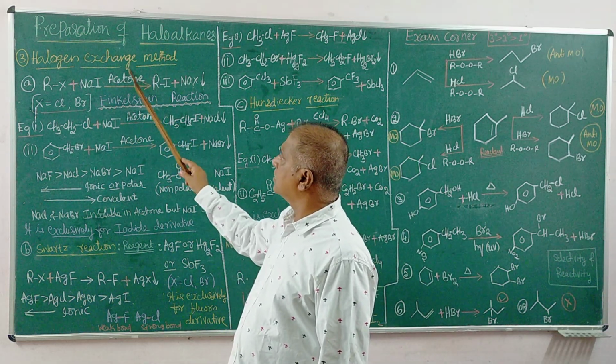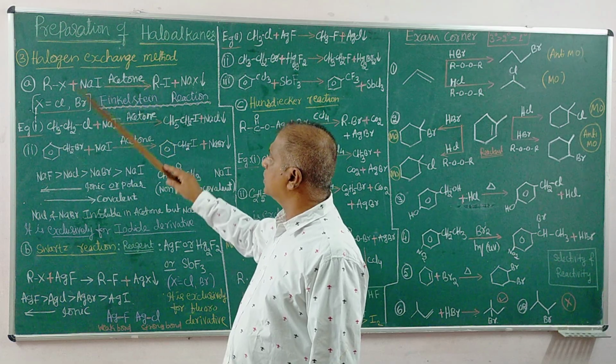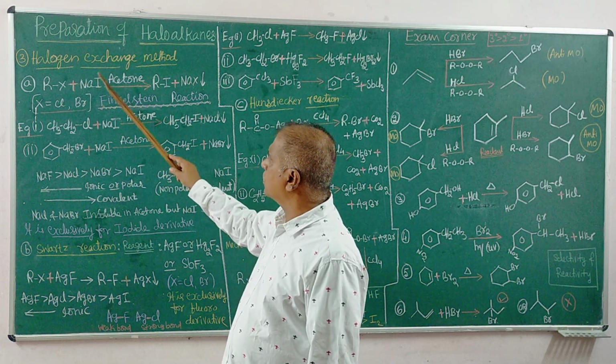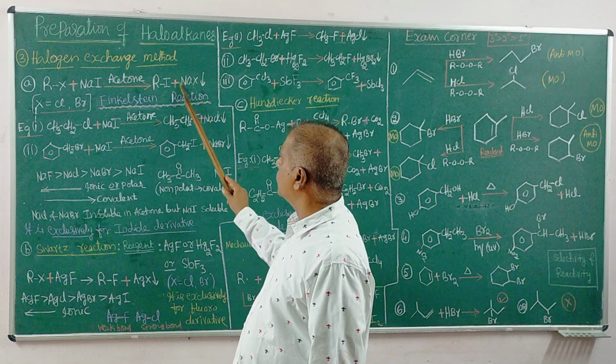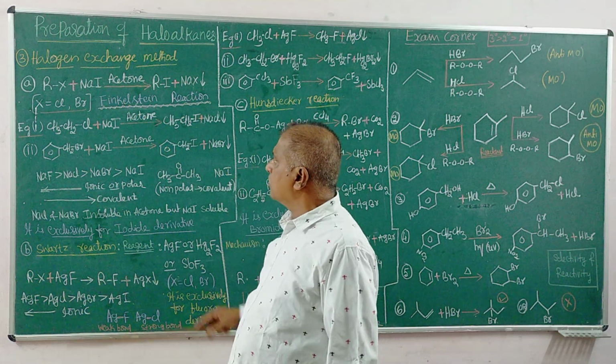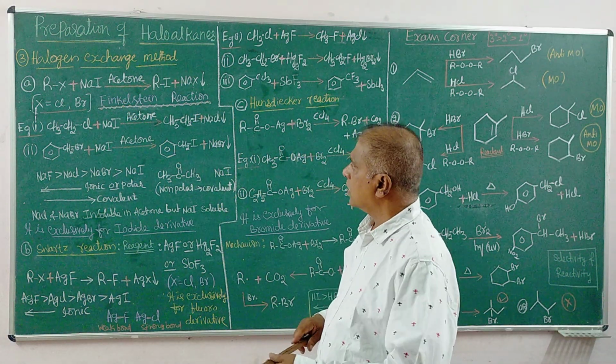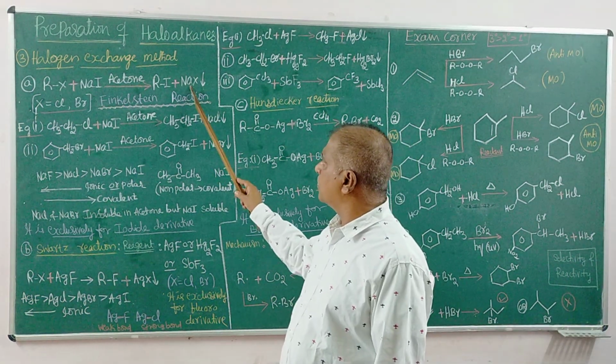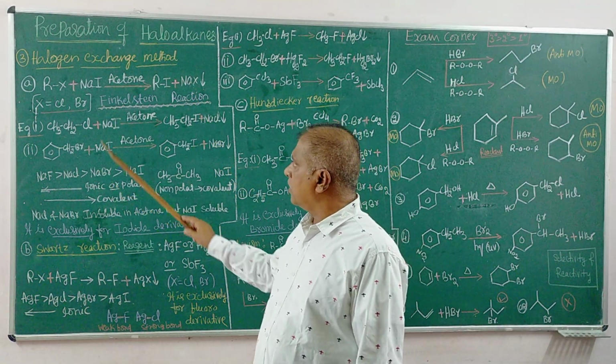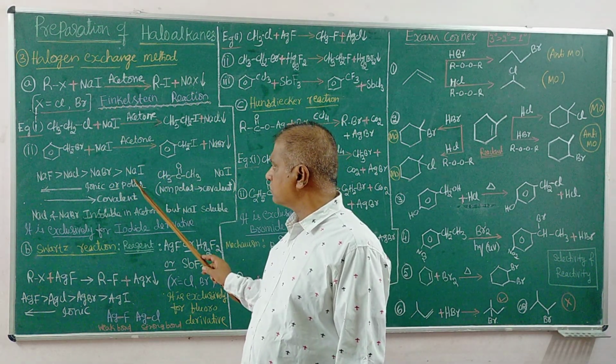It is the acetone liquid you are using, this compound you are using, and this compound that is forming. It depends on a property: the property of sodium chloride or sodium bromide and the property of sodium iodide.